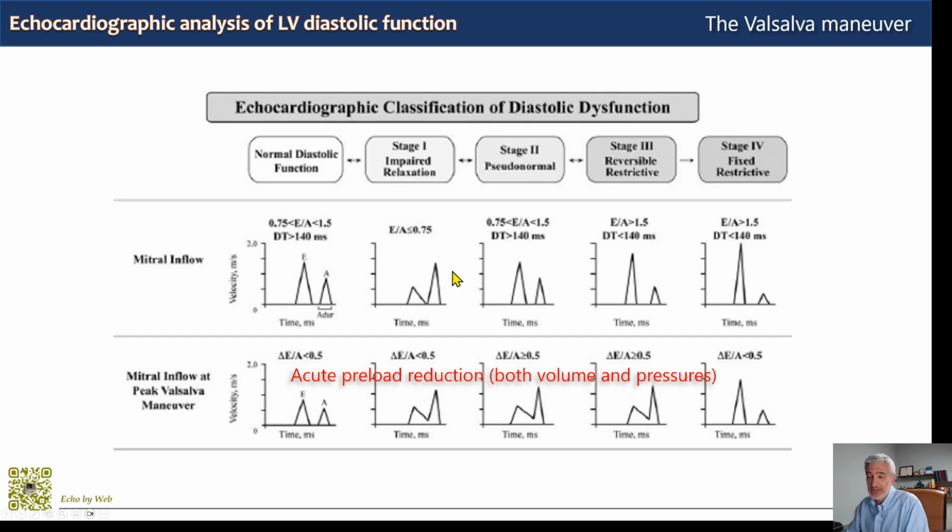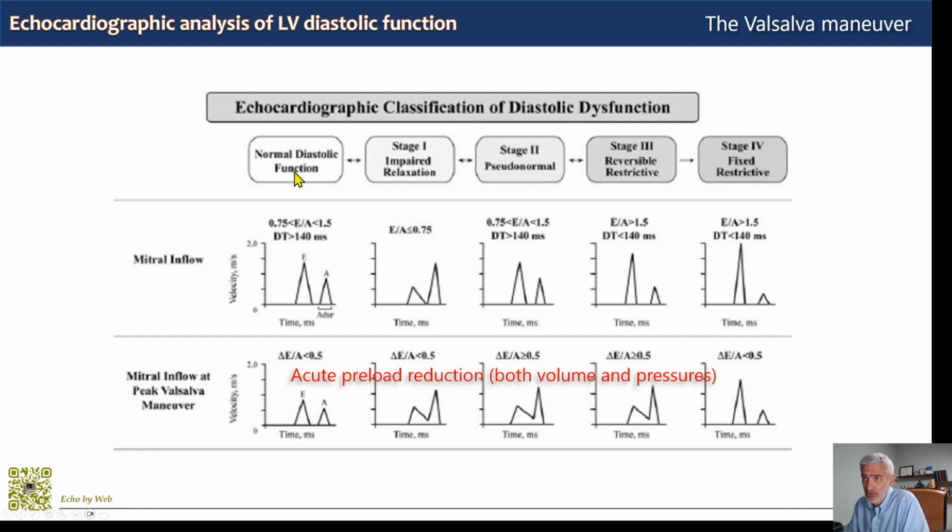But if the patient we are observing has a stage 1 impaired relaxation or a normal pattern, the Valsalva Maneuver, the reduction in preload, will reduce both the E and the A wave symmetrically. Whereas if we have a stage 2 or stage 3, the reduction in preload will reduce mainly the E wave, and you will transition from a high EA ratio to a less than 1 EA ratio.